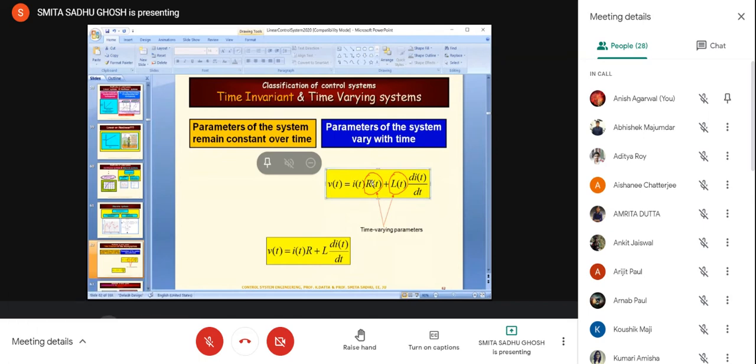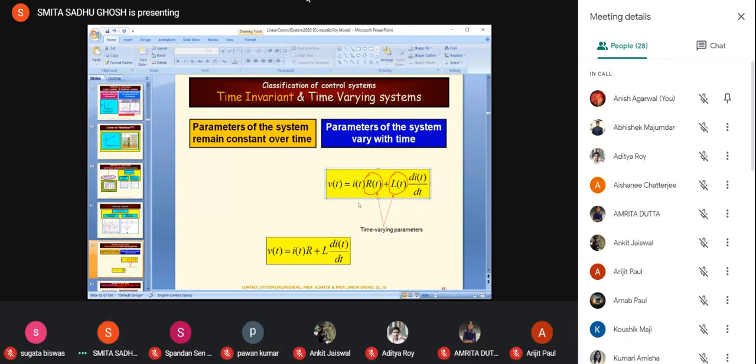If the parameters are functions of time, only then is the system to be considered a time varying system. On the other hand, if the parameters are constant, then the system, irrespective of the fact that it is a differential equation, and that current and voltage are also functions of time, since the parameters themselves are constant, is a time invariant system.